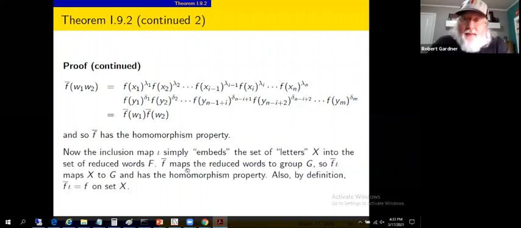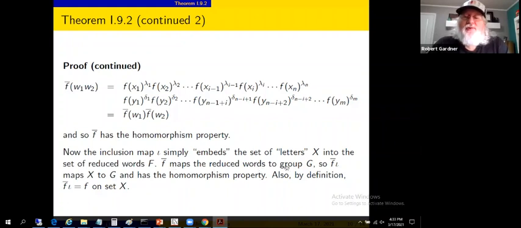We need to deal with a composition now. The inclusion map, iota, simply embeds the set of letters, X, into the set of reduced words. So it just changes the setting from set X into free group capital F. So I can use the group mappings then. In particular, I can use the F bars.